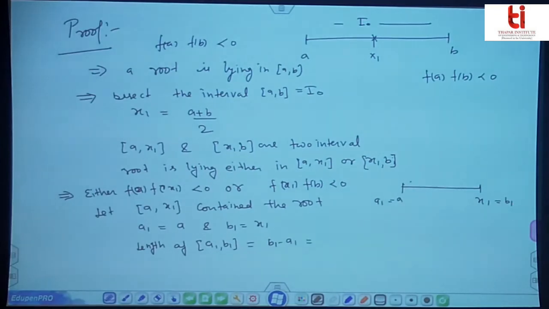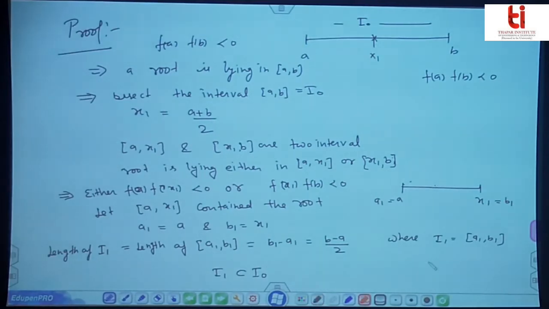It is half of the interval [a,b], so we can write it as (b minus a) upon 2. So the length of I1, where I1 is [a1,b1], the new interval, is (b minus a) upon 2. Obviously this I1 is contained in I0.